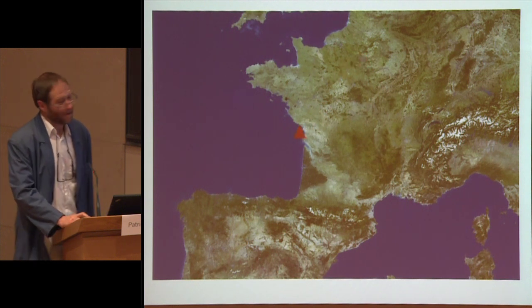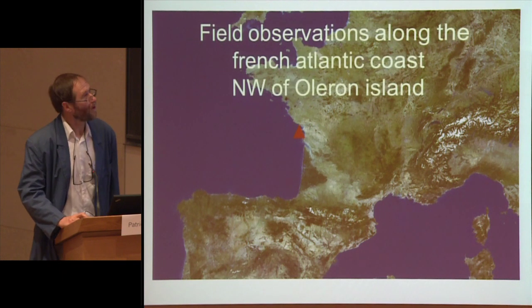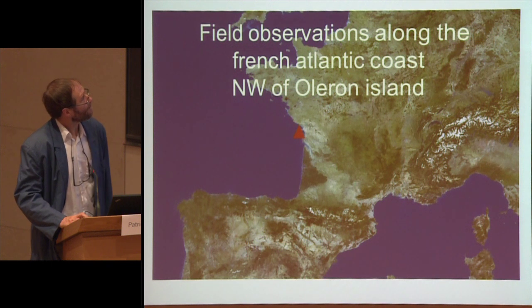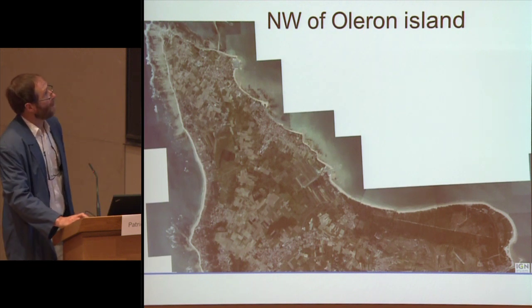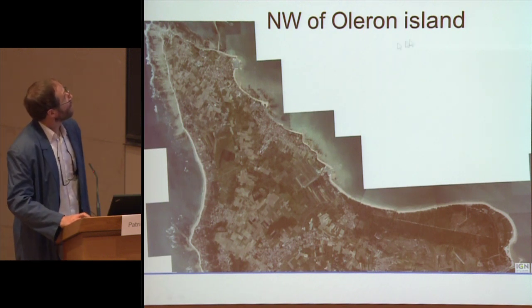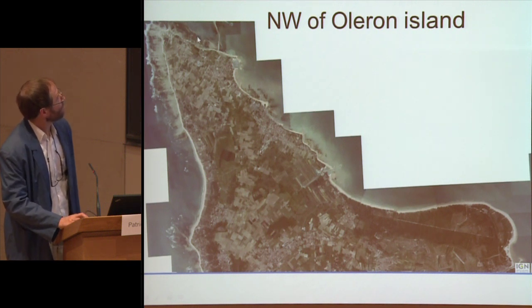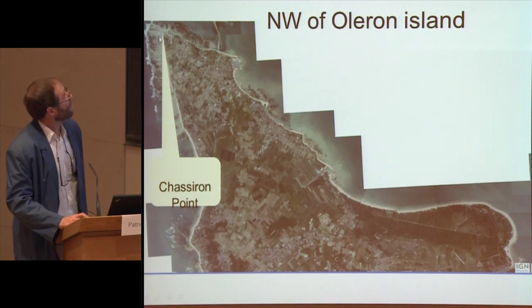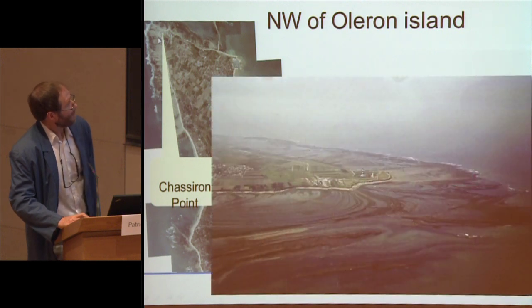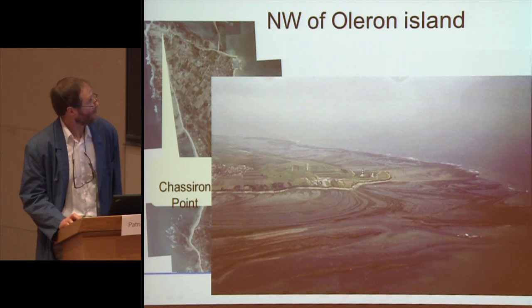Now another example of these movements. We are going to French Atlantic coast in Oléron Bay, northwest of Oléron Island. This is the coast of Oléron Island. Here you can see on the aerial photographs the rocky outcrops at the northwest of the island with a Chaire point. This is another picture of this Chaire point.